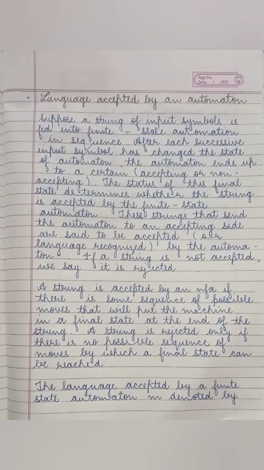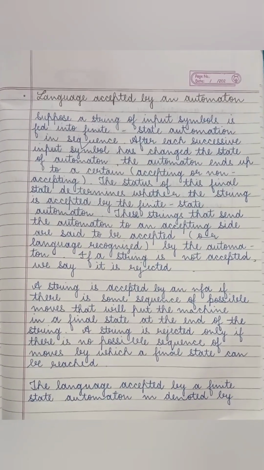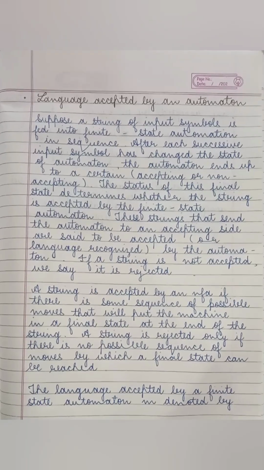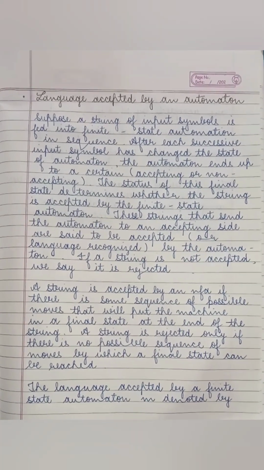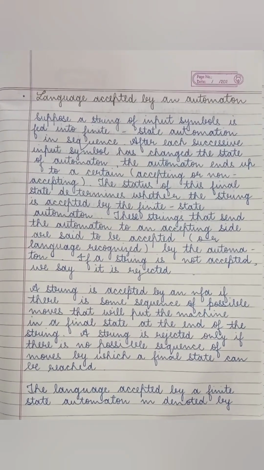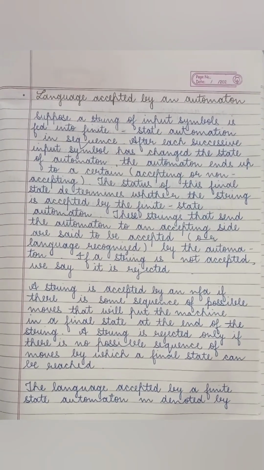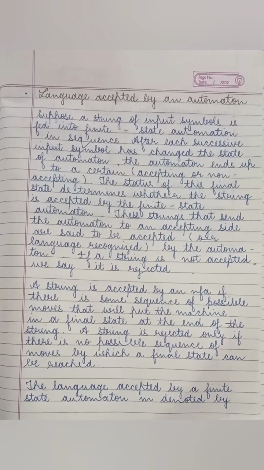Language accepted by an automaton. Suppose a string of input symbols is fed into a finite state automaton in sequence. After each successive input symbol has changed the state of the automaton, the automaton ends up in a certain accepting or non-accepting state.